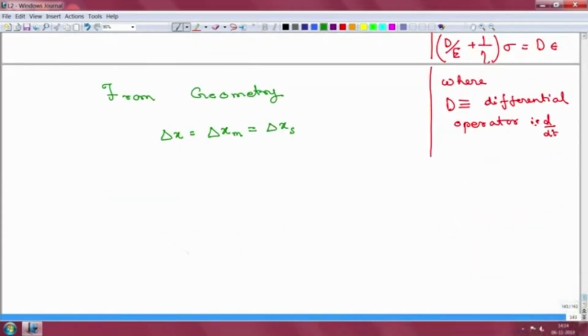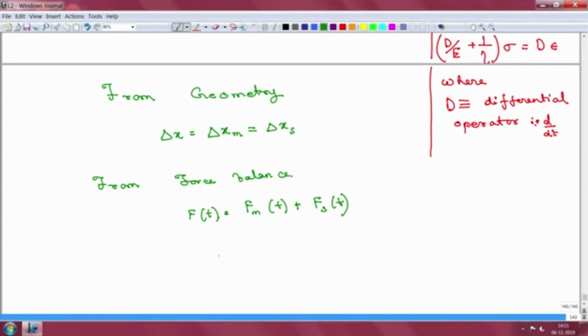Now, from force balance, we again have Ft is equal to Fm plus Fs, the two forces are simply to be added.